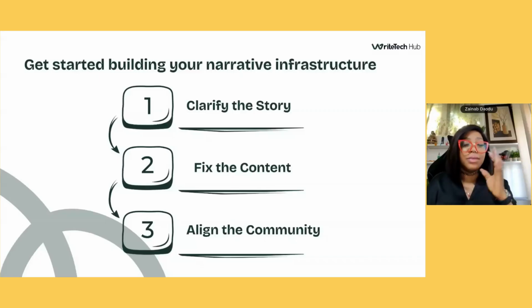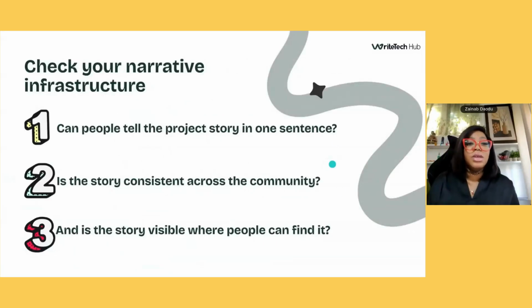Ensure that everybody is able to access the story, the content you've created, the practices, everybody is aligned, and then you're able to keep the community in sync. If you have an open source project, I'd like you to do these three things to make sure that your narrative infrastructure is in place.